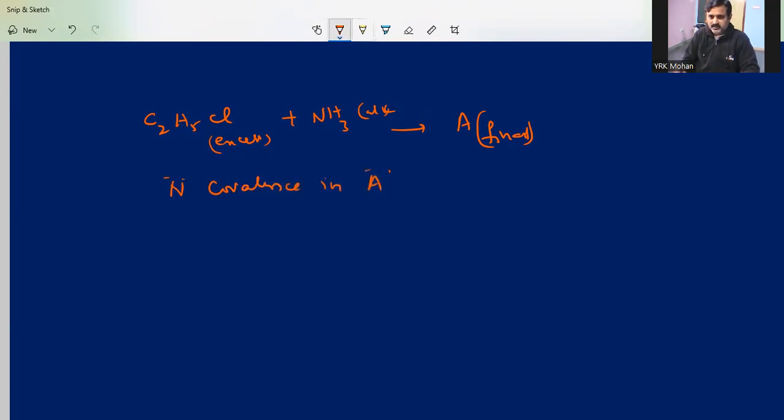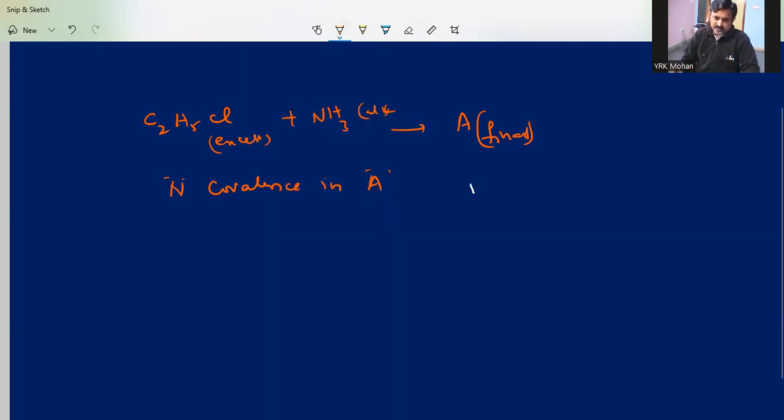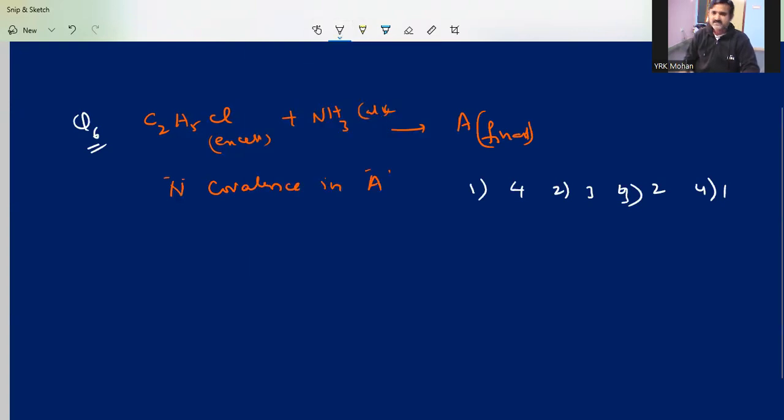For this, we need to understand one thing. The options are 4, 3, 2, and the fourth option is 1. Assume this is the sixth question. In this question, C2H5Cl is taken in excess.